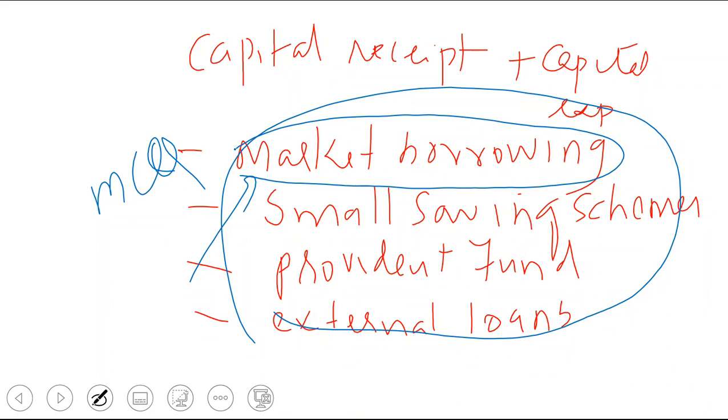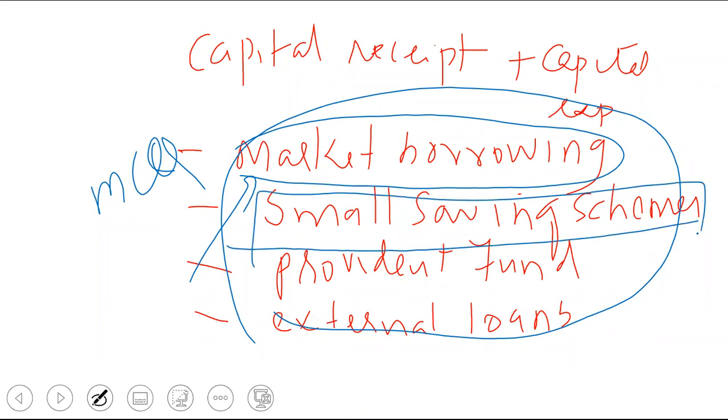The Government of India can borrow from Japan, from America, from IMF. Forget about it. Let me talk about this. Small saving schemes. What do you mean by small saving schemes? Put an arrow and write: post office savings. Post office savings.